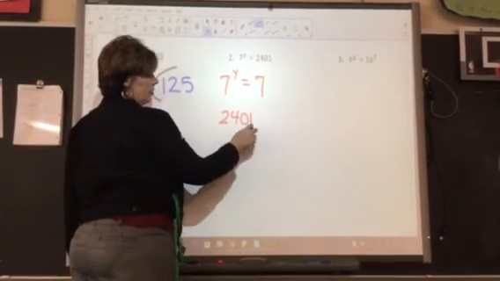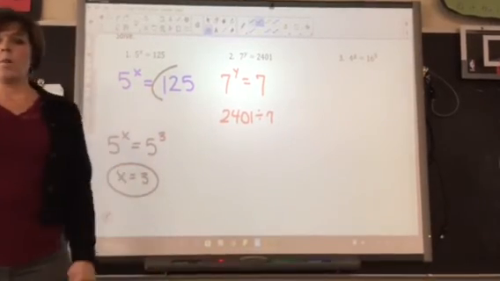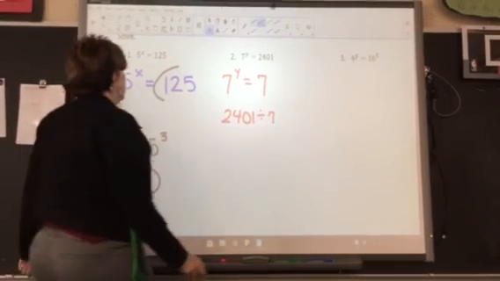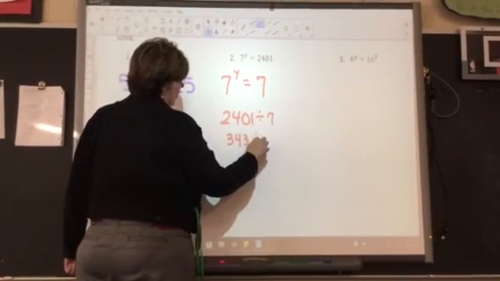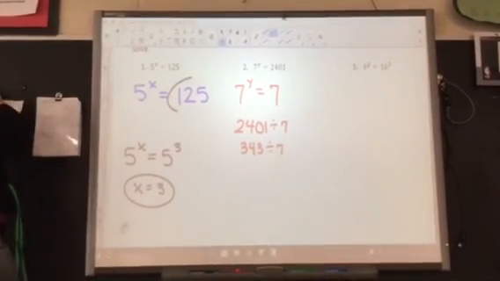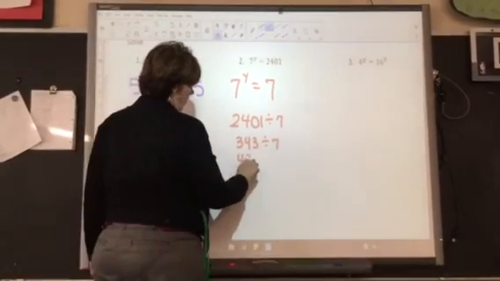Well, take 2401 and divide it by 7 in your calculator. What do you get? 343. Take 343 and divide it by 7. 49. Take 49 and divide it by 7. 7.